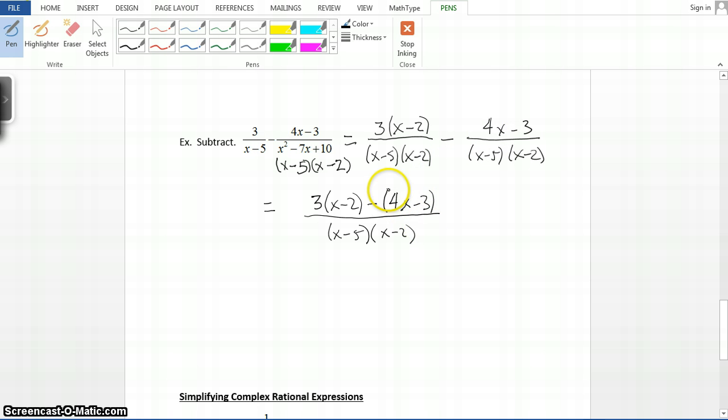It's really important that you put that in parentheses because you are subtracting both of those terms. You're subtracting 4x and you're subtracting negative 3.